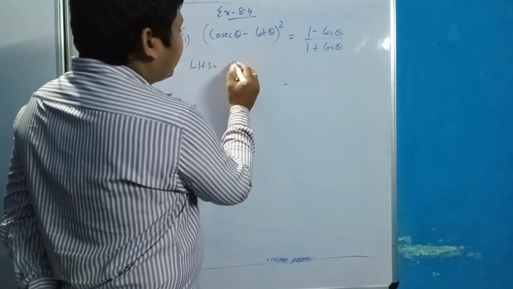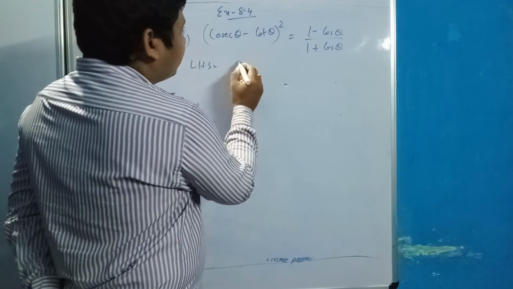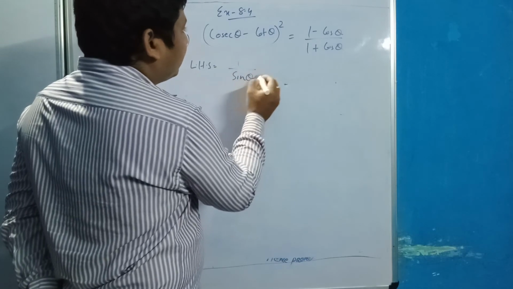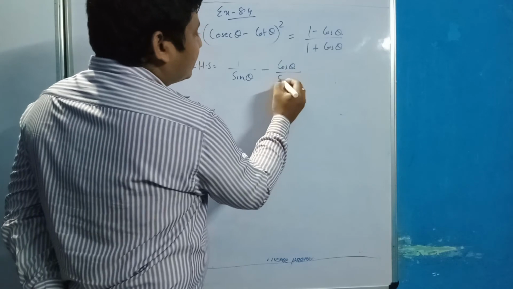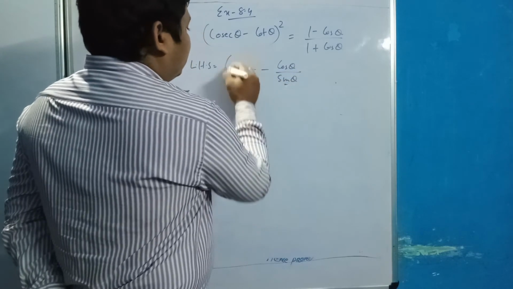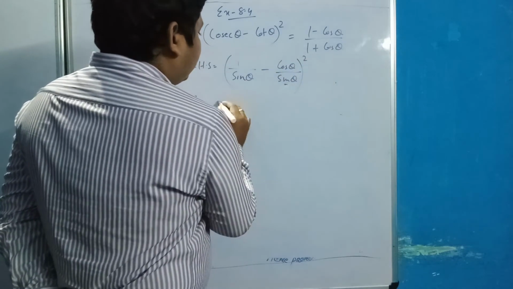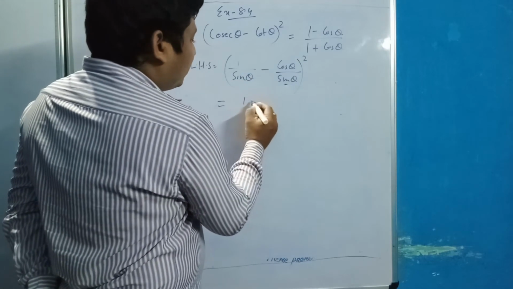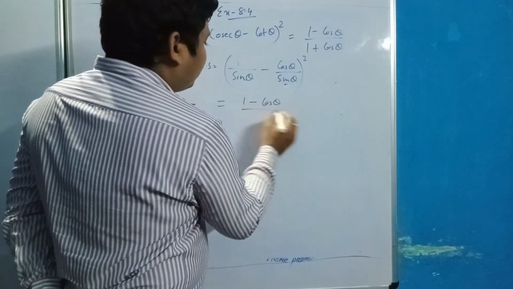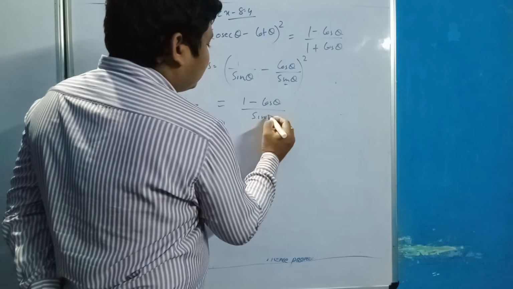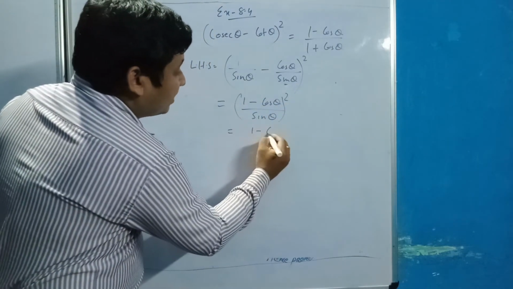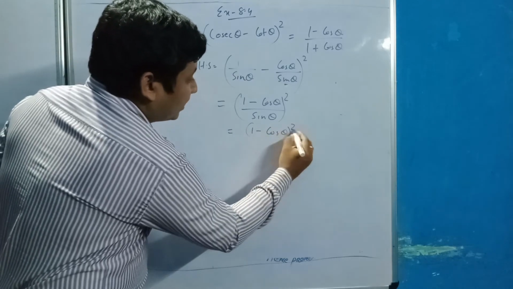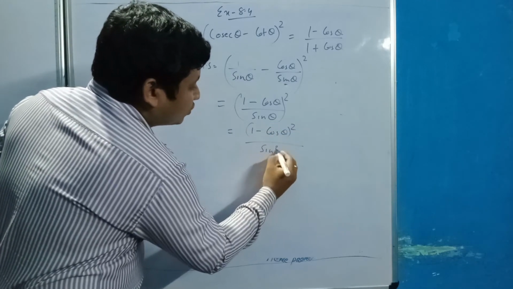Cosec theta can be written as 1 by sin theta, minus cot theta, which is cos theta by sin theta, whole square outside. So this is (1 minus cos theta) by sin theta, whole square. Now this is (1 minus cos theta) whole square by sin square theta.